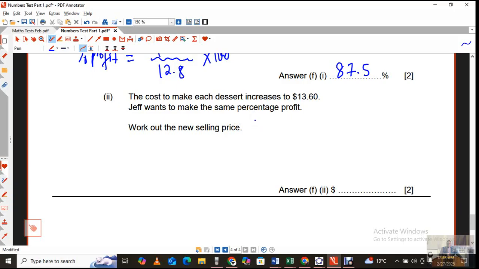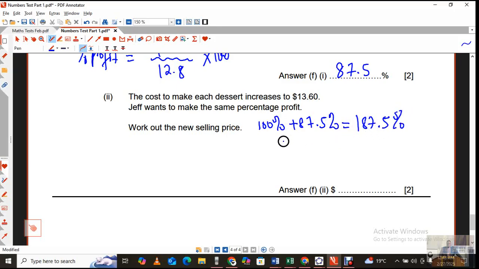So for the person to make a profit, you will say 100% plus that 87.5% that we calculated before. That gives you 187.5%.